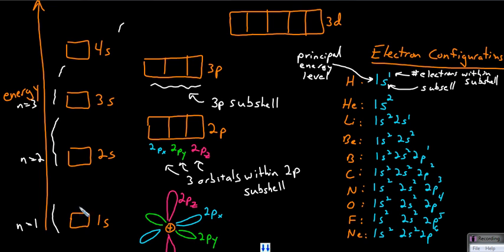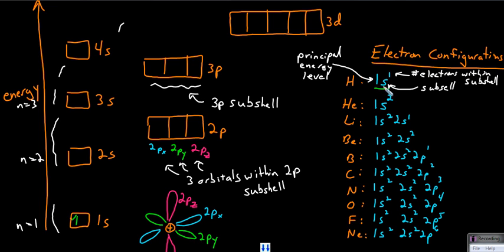That 1 electron goes into the 1s subshell if the electron configuration is in the ground state, where electrons are in their lowest energy positions. Now, we can describe this 1 electron being in this most comfortable position, this lowest energy position, in the 1s subshell, using this electron configuration.